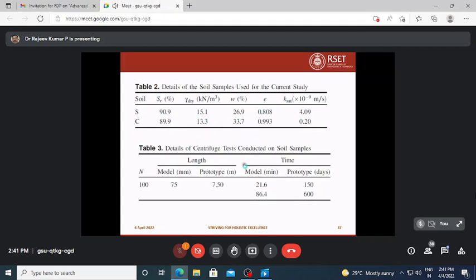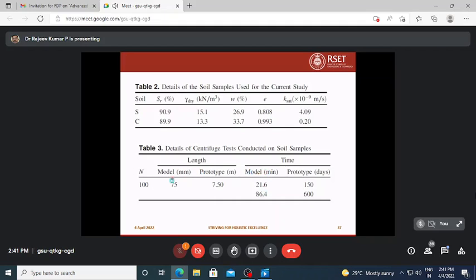And for the acceleration level, a 75 mm model is used in the centrifuge, which simulated a 7.5 meter high prototype condition. And the modeling time, I have already mentioned, the scaling ratio is n square, and it is 21.6 minutes.